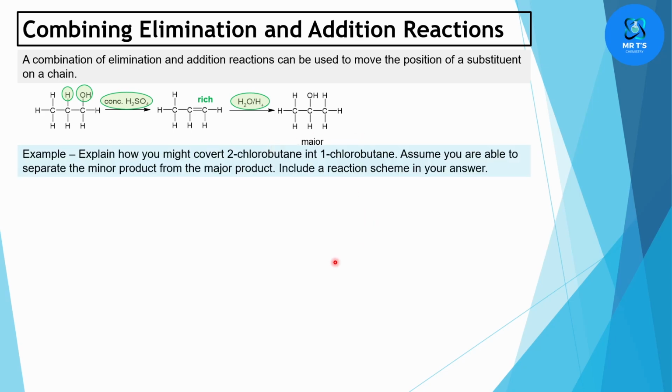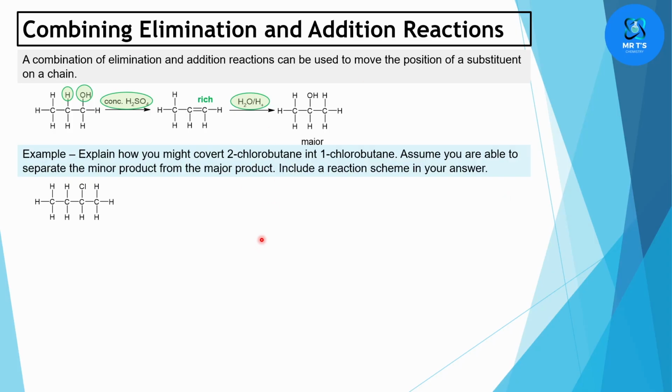So here's an example of the type of question you might have. Explain how you might convert 2-chlorobutane into 1-chlorobutane. Assume you're able to separate the minor product and the major product. Include a reaction scheme in your answer. So, I'm writing a reaction scheme, so let's write down the reactant, 2-chlorobutane.